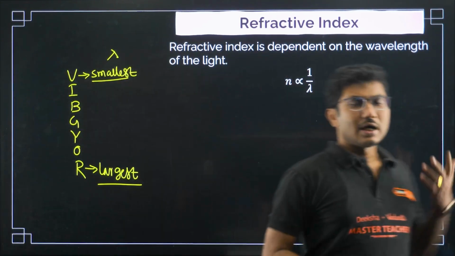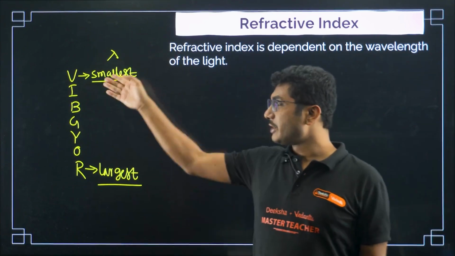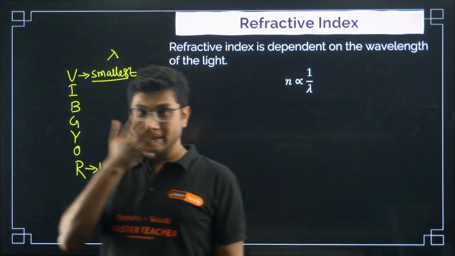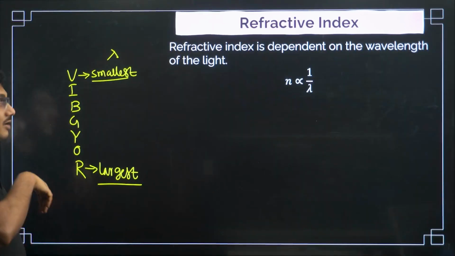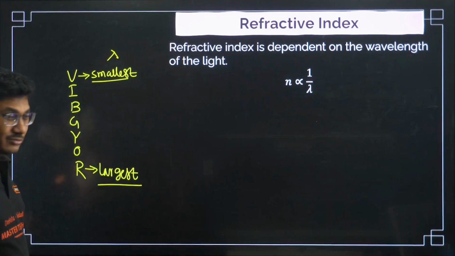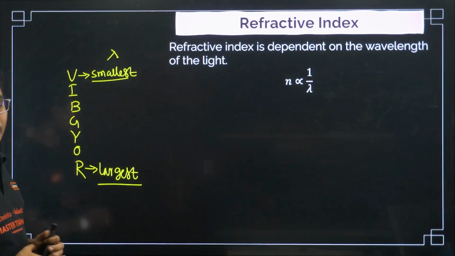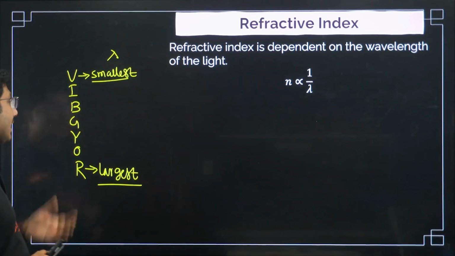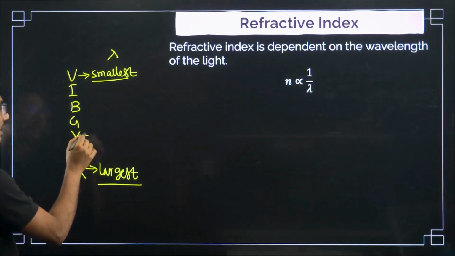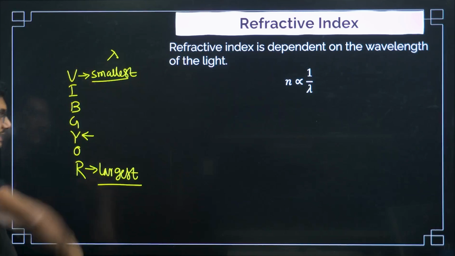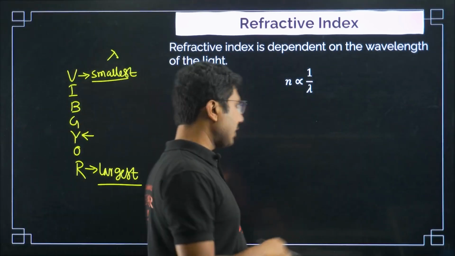Because most of the questions will be asked based on violet and red only. They generally will not ask you orange and red or violet and indigo. Generally they do not ask, but in case they ask you, you have an idea that this is the order, this is how we can answer. Also you have to understand yellow falls between these two, almost exactly the average.